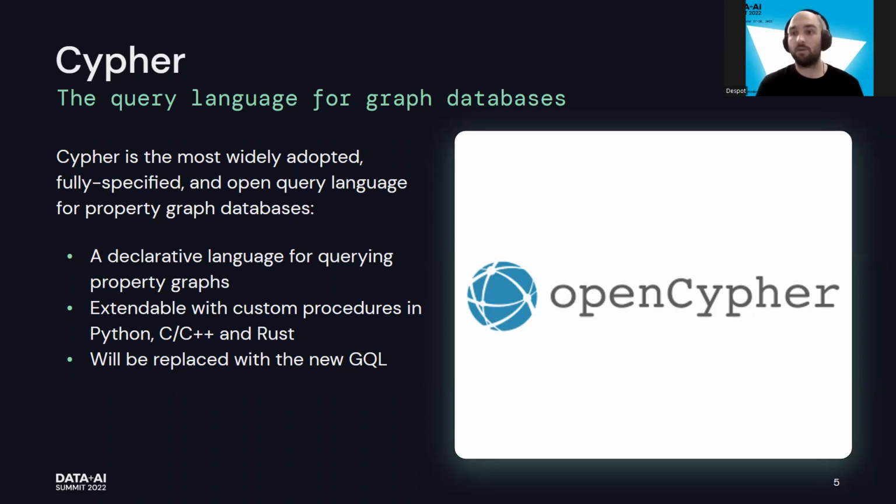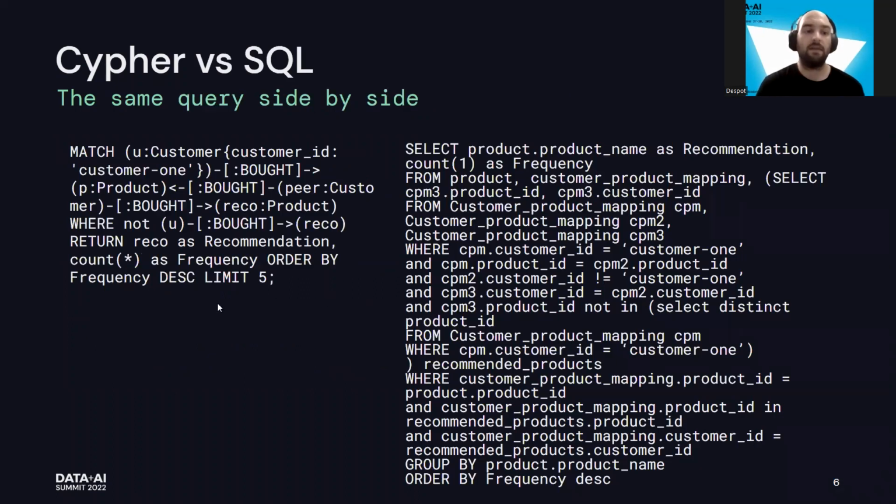There are a lot of similarities with SQL, but there are also a few differences because the data model behind it is quite different. Here on the left side, we have a typical Cypher query, while on the right side, you can see a SQL query that essentially does the same thing. The Cypher query is a lot shorter because here we don't have to use SQL joins. It becomes much easier to understand the data model and to directly interact with it.